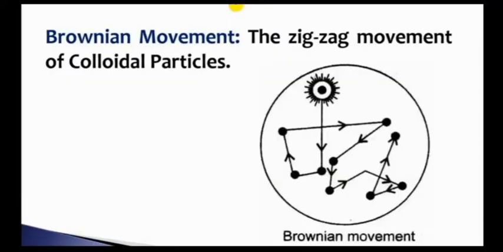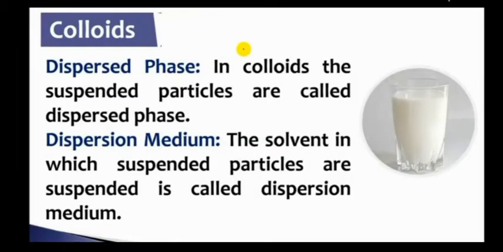Another one: the zigzag movement of colloidal particles is Brownian movement. Then the two terms, dispersed phase and dispersion medium. Dispersed phase means in colloids the suspended particles are called the dispersed phase.